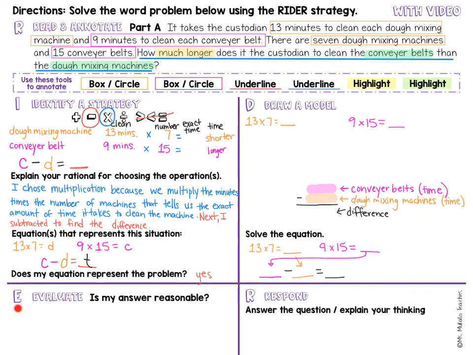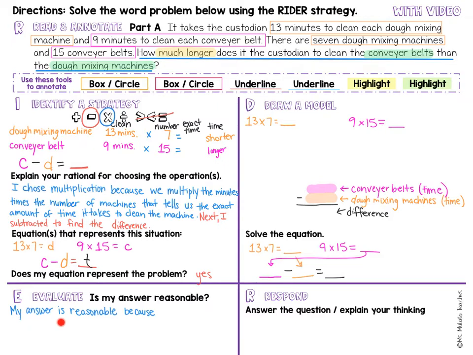Now we will evaluate. Is my answer reasonable? So we will be looking at the answer that we got when we solved our equation. Does this amount of time tell us how much longer it takes the custodian to clean the conveyor belts than the dough mixing machines? How do we know? So we have our sentence starter here.